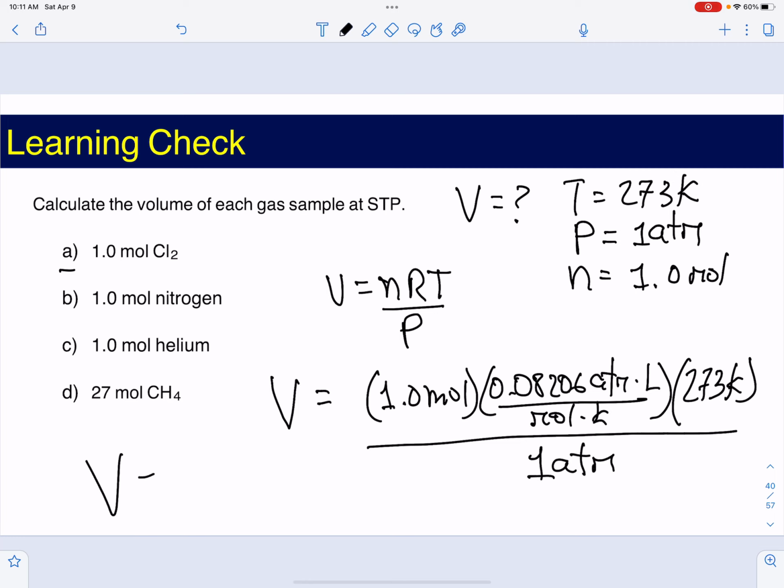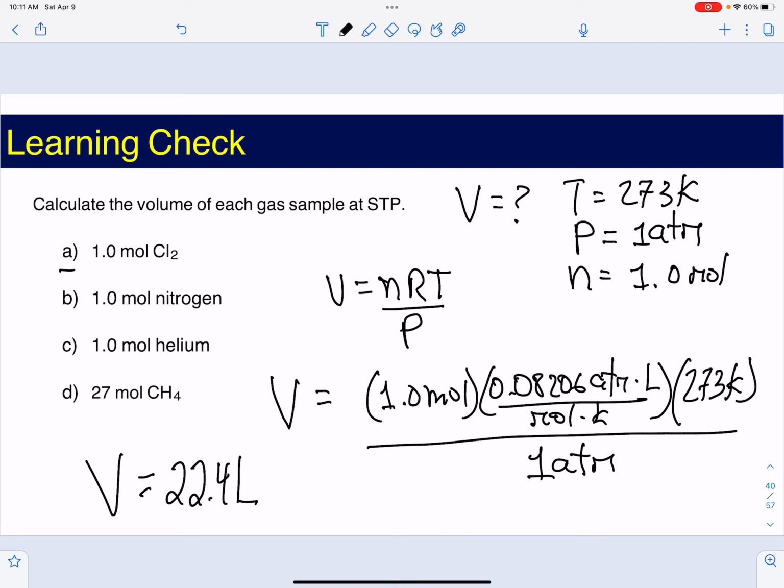When we do that, our volume is going to be 1 times 0.08206 times 273 divided by 1 equals 22.4 liters.